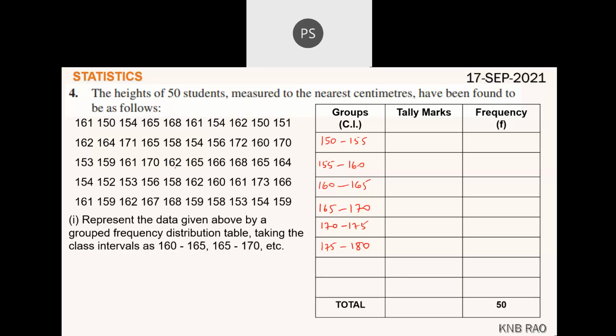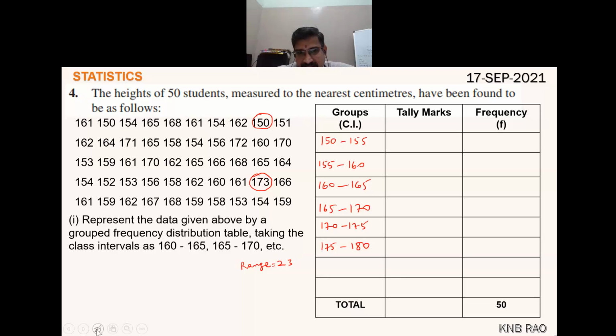Now what is the highest value? 173. Now what is the range? 23. So the last column we do not need. If we take a class width of 5, we will need 5 only.